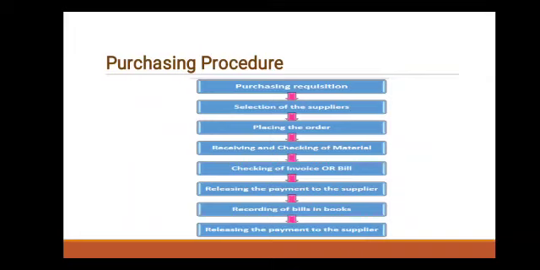Second, selection of the suppliers. A list of the items to be purchased is sent to various suppliers or tenders are invited through leading newspapers. On receiving the quotations from different suppliers, a comparative statement of all the quotations received is prepared.